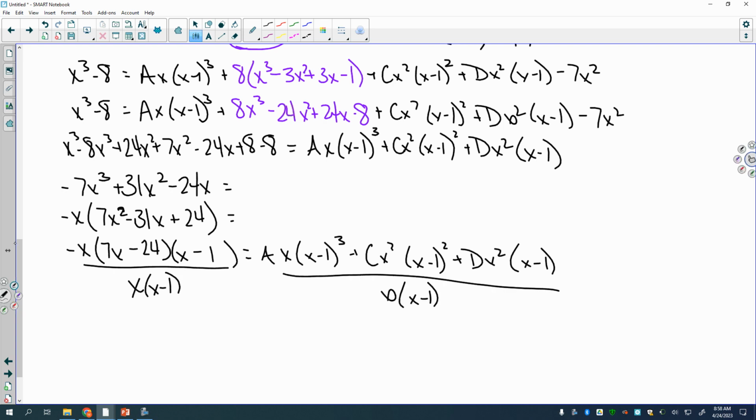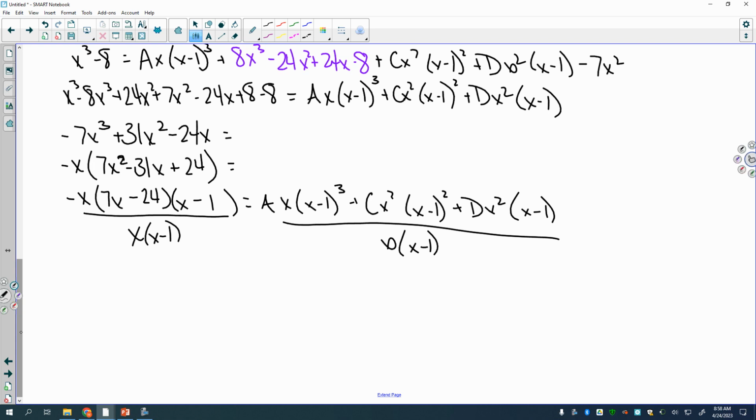And that's going to give me negative quantity 7x minus 24. And on this side, it simplifies things down a little bit, to that point.